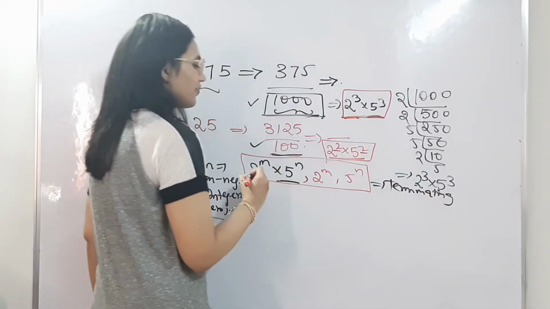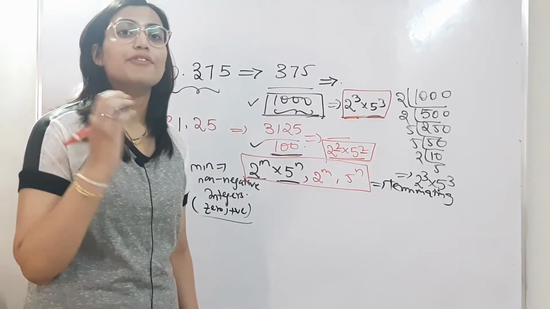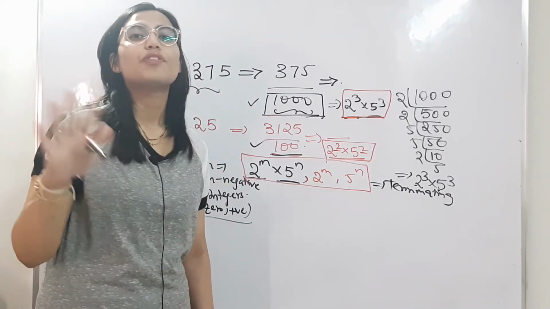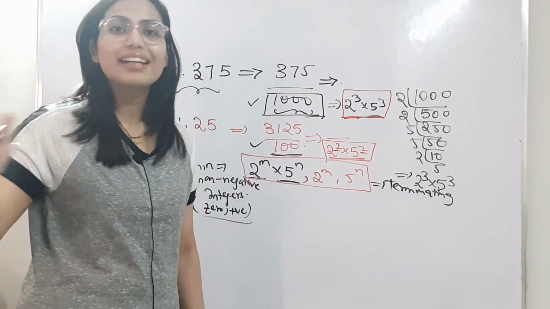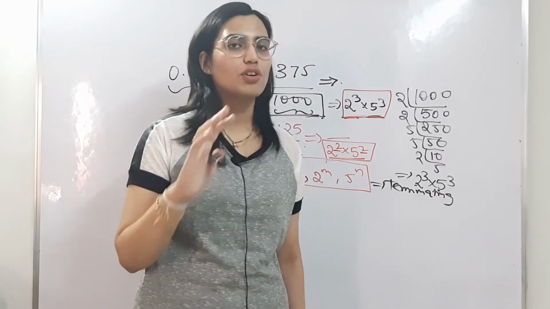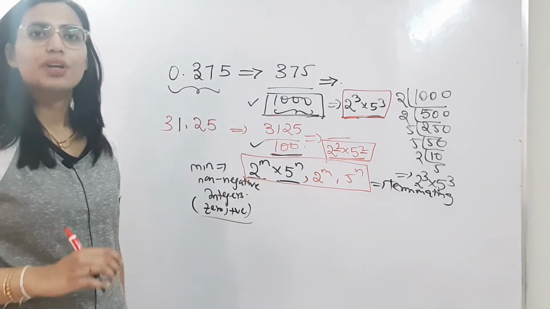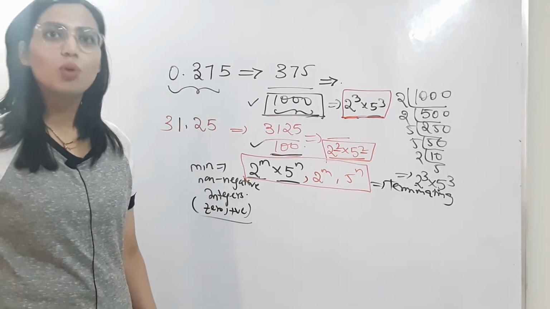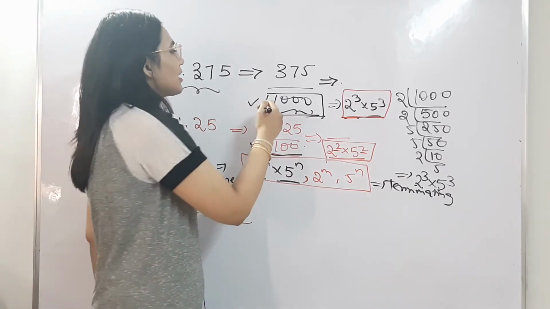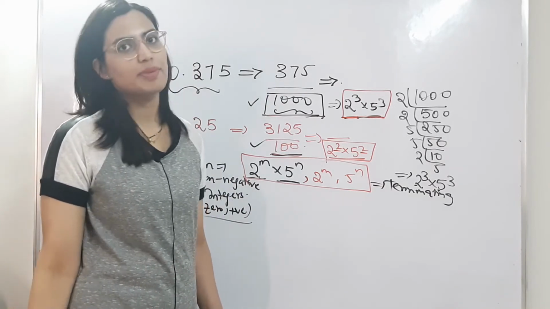If you have anything other than 2 and 5, for example, if you have prime factors as 2, 5 and 7 also, then it is exceeding these two. The prime factors are not exactly 2 and 5. It's something else, something more. In that case, we will not get a terminating decimal expansion.